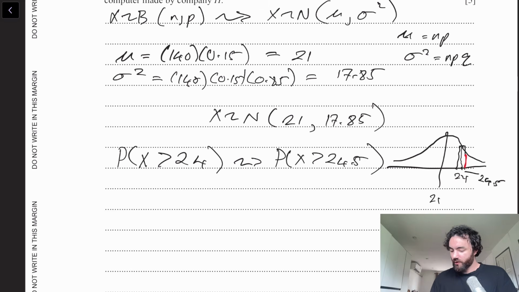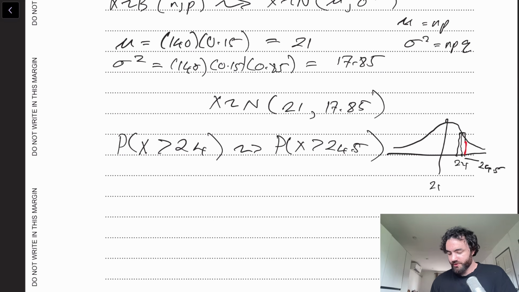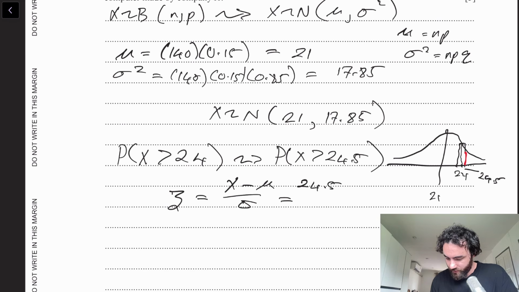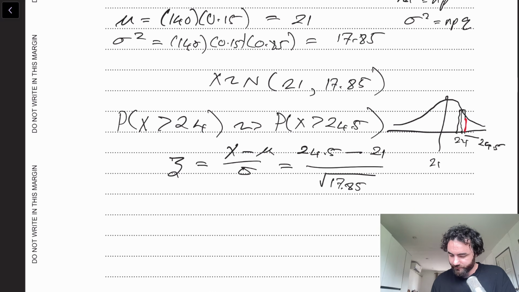So now we just solve this with a normal distribution, but for 24.5. Remember the z value is x minus mu over the standard deviation, which in this case is 24.5 minus 21 divided by the square root of 17.85. That's the variance.